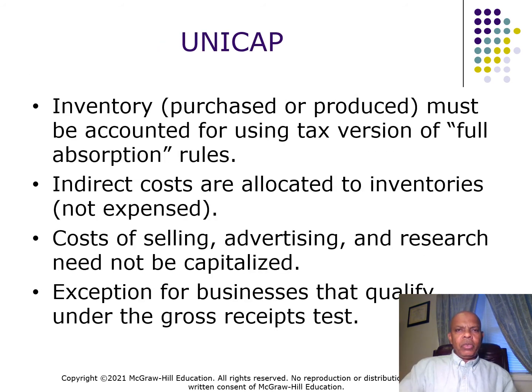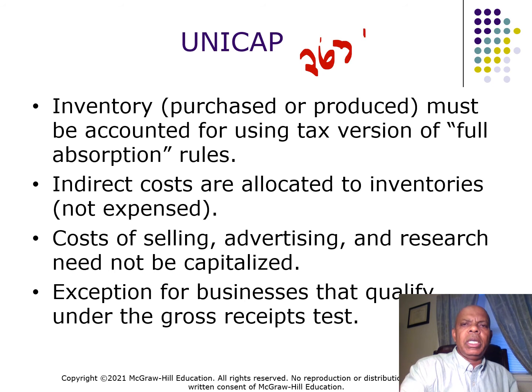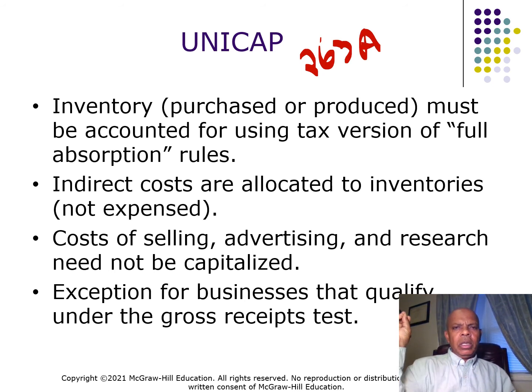Okay, let's take a look. What is this UNICAP? UNICAP is simply what we say, uniform capitalization rules. There is section 263A. If I remember correctly, that's 263A. 263A requires, especially the manufacturing type of entity, to capitalize certain indirect costs.